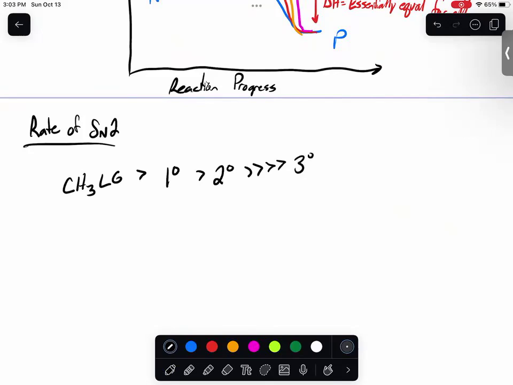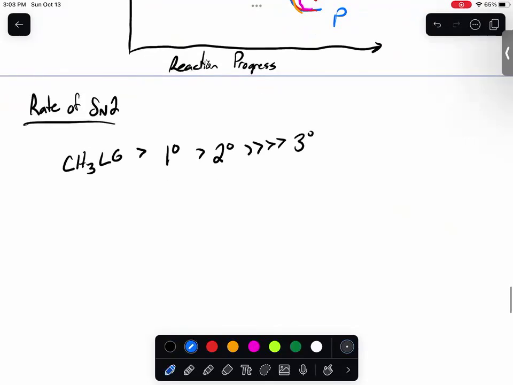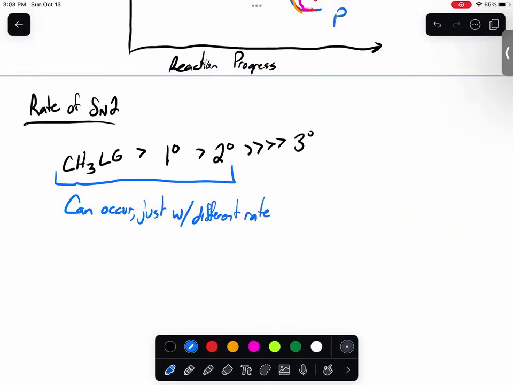So what we're seeing here is essentially these first three can occur just with different rates, right? Where the CH3 leaving group, this one would be our fastest. And then, of course, the tertiary would by far be the slowest.